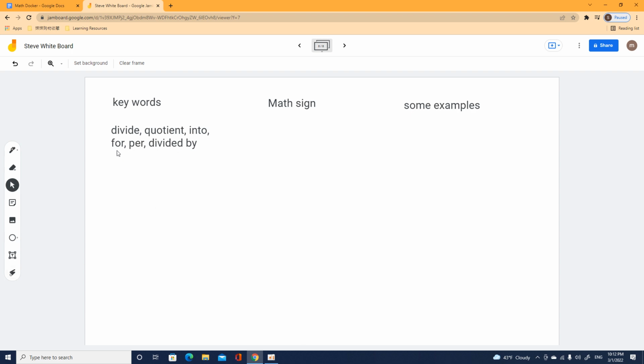When you see those kinds of keywords, you need to think about the division sign.